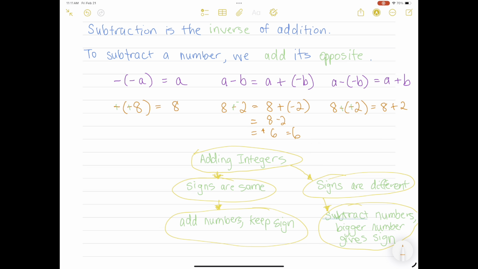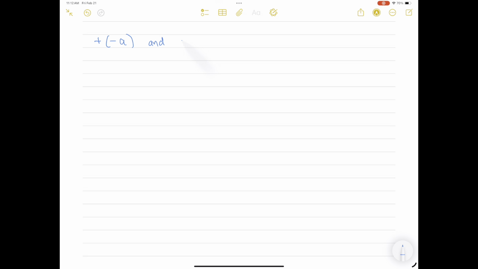With 8 minus negative 2, we add its opposite. We have 8 plus 2, and we just add those numbers. Their signs are the same. It's positive 10.